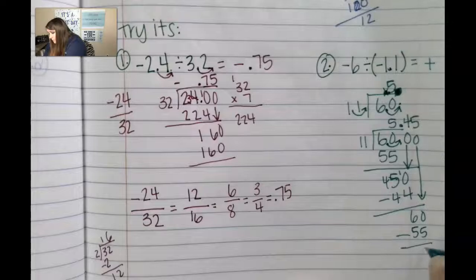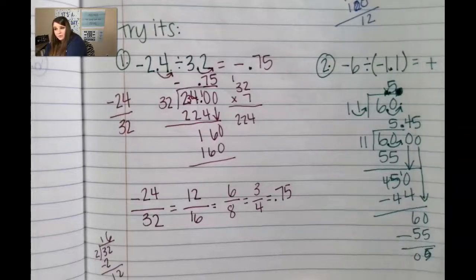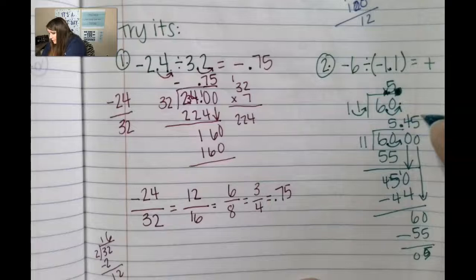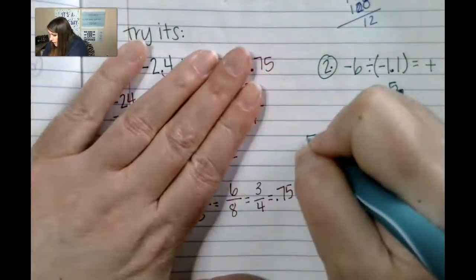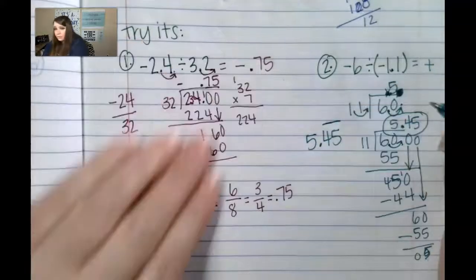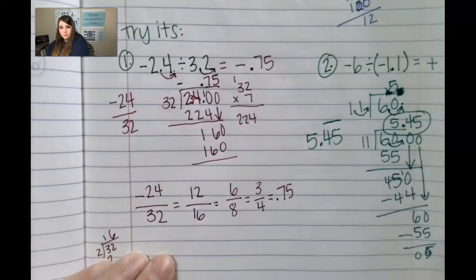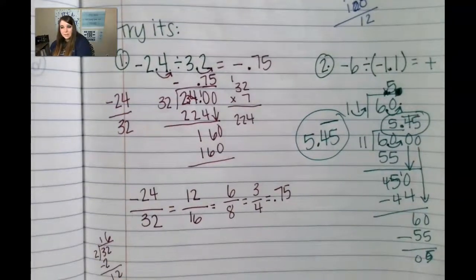I'm on repeat right now, like a really bad record player. So my answer is going to be 5.45 with the little repeater. Okay, so that is my final answer here. It's repeating. It's never going to go away.